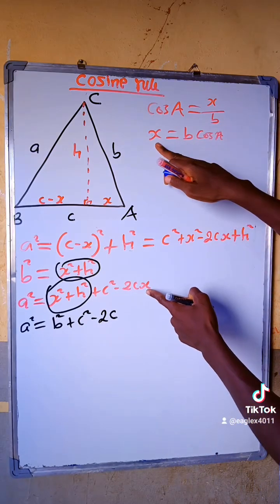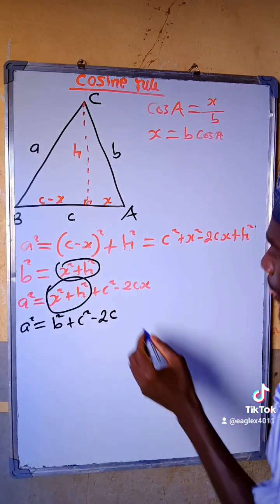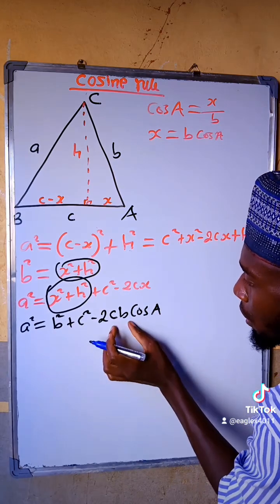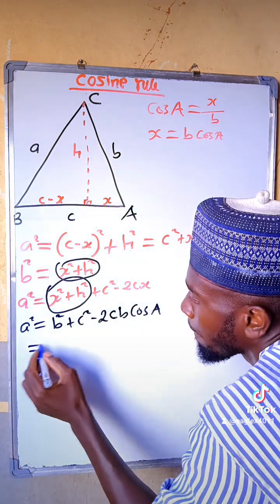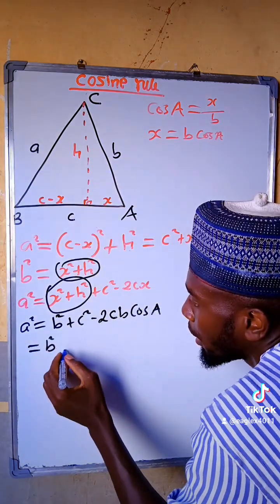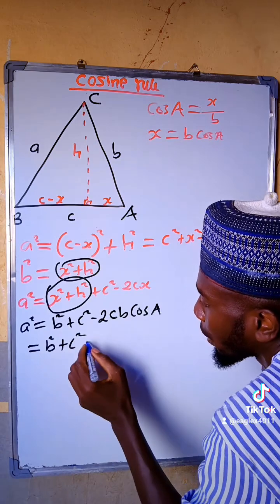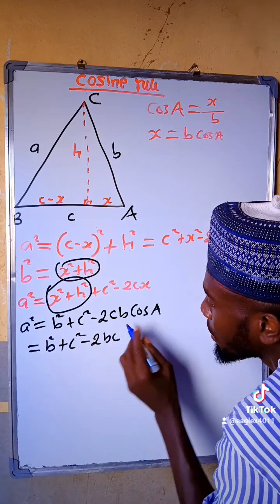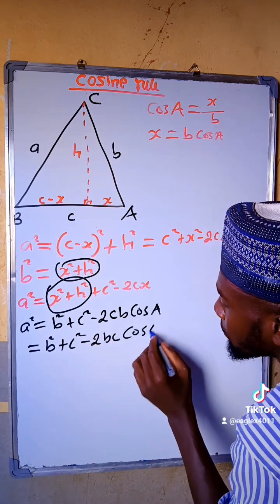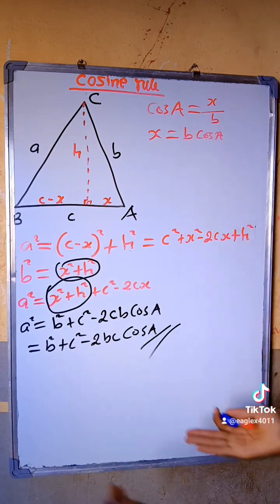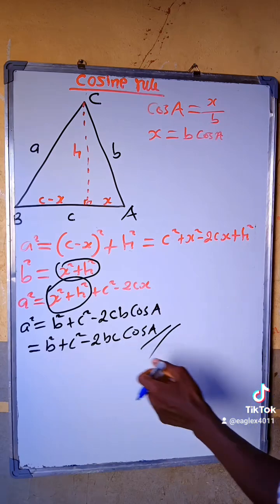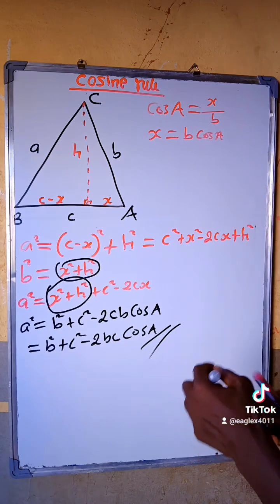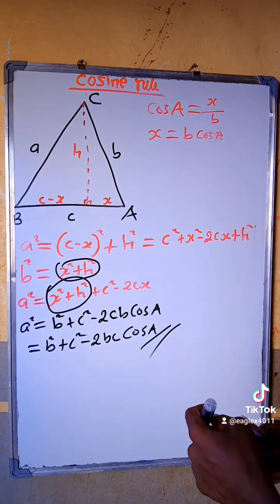But don't forget our value of x here is b cos A. Writing it in alphabetical order, this will yield a square equals b square plus c square minus 2bc cos A. And this is our formula of the cosine rule to find an angle or side of any triangle.